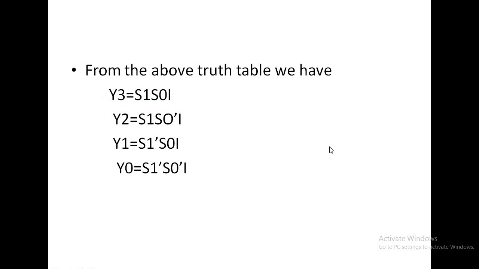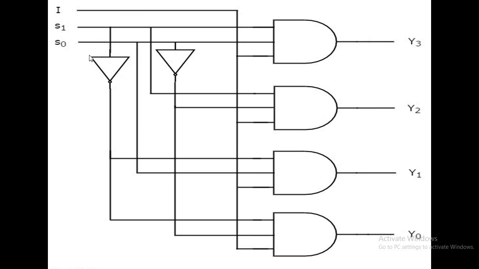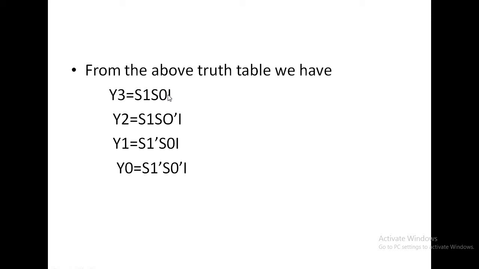So from these expressions, I will draw the logic circuit of the 1 cross 4 multiplexer. So this is the logic circuit. What are the different inputs? I, S1, S0. So I draw 3 lines: this is the I line, this is the S1 line, and this is the S0 line. The inputs are I, S1, S0, and these are the outputs. How can I find Y3?